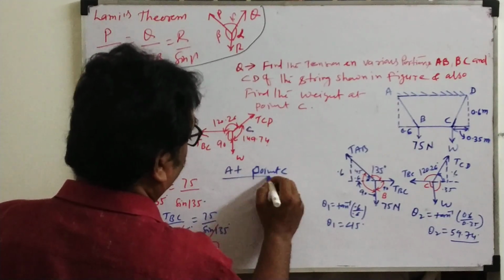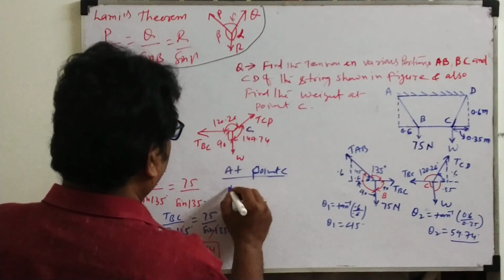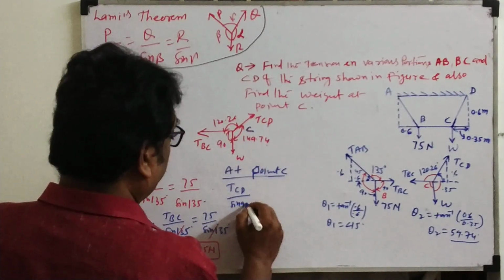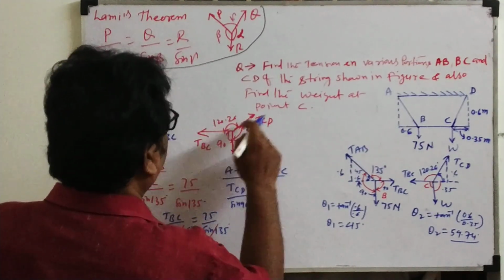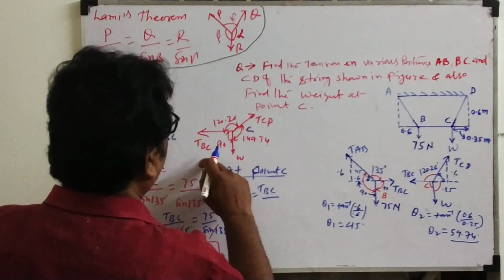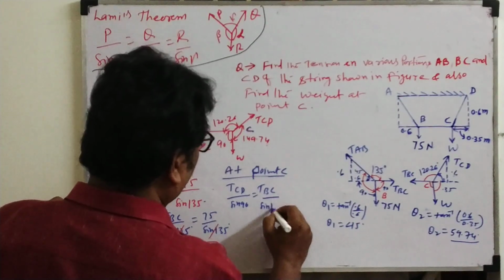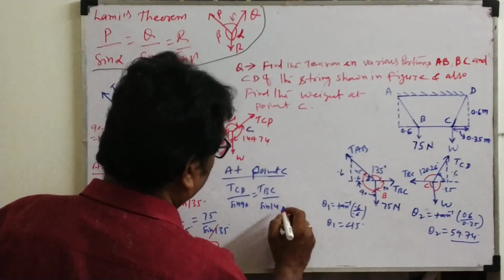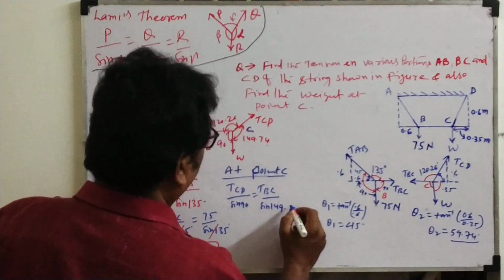Apply Lami's theorem at point C. Now write TCD divided by the opposite angle, sin 90. Then TBC, opposite angle, sin 149.74.